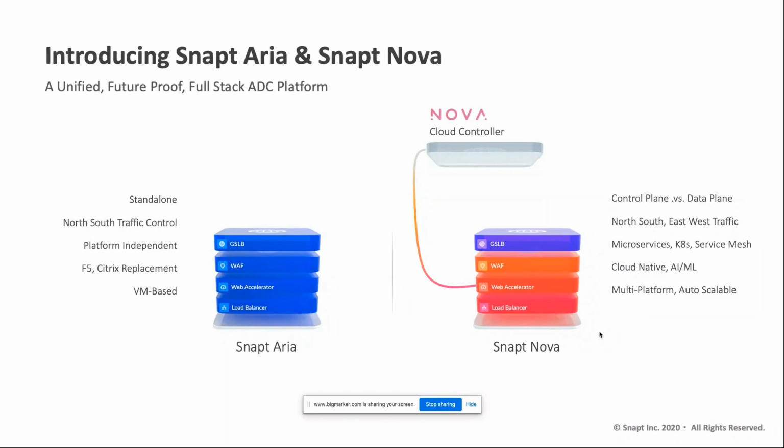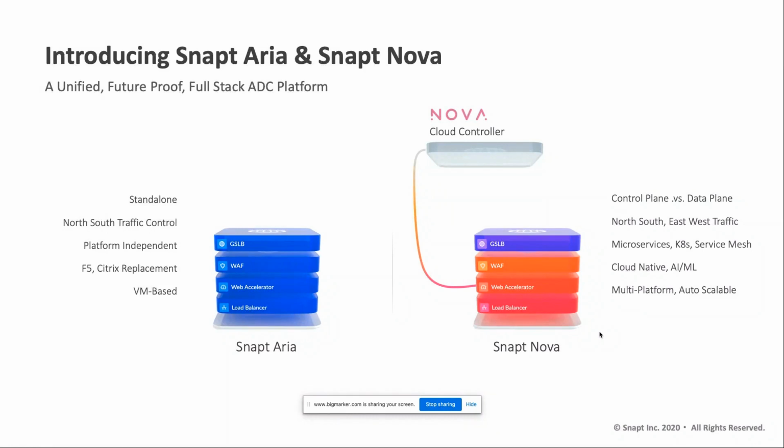Now we can deploy Aria across multiple data centers and deliver that capability geographically, but it's typically deployed as a standalone product. The comparison to draw is that Aria is effectively a cost-effective, lightweight replacement for a solution such as F5 or Citrix.